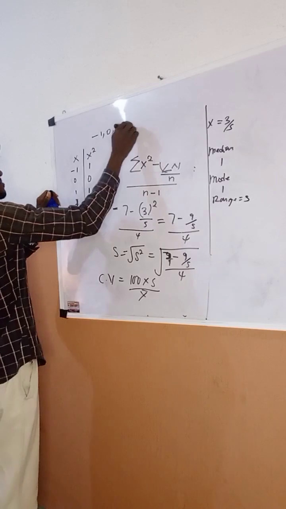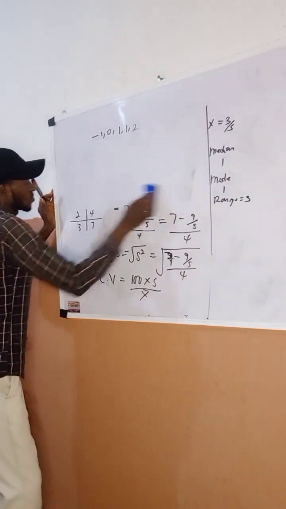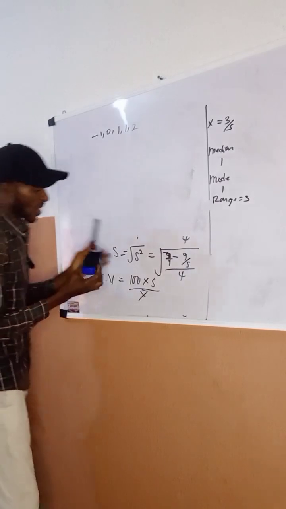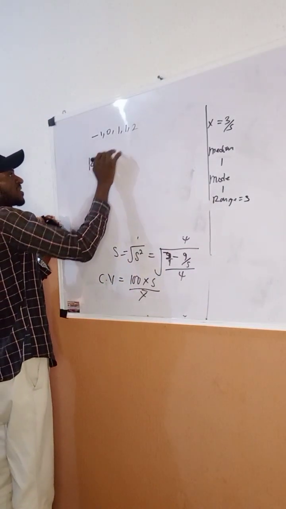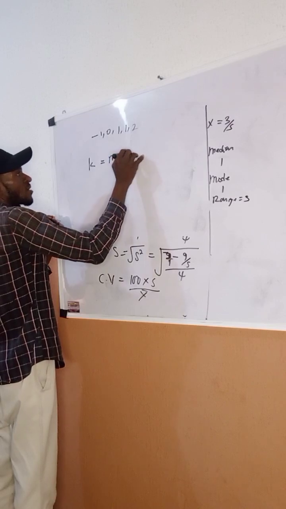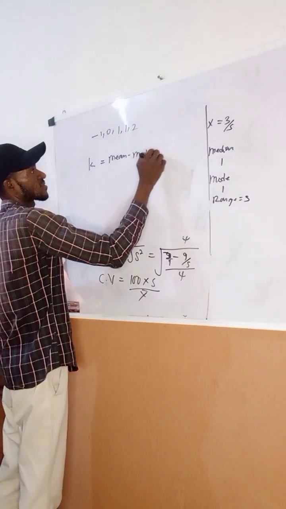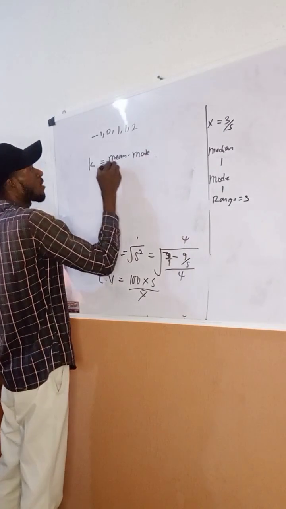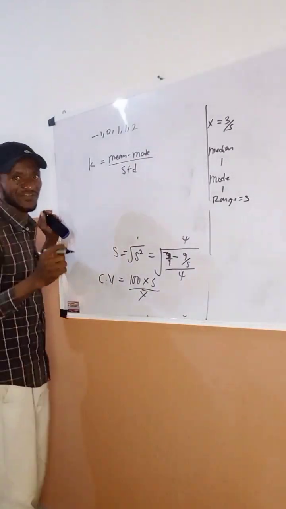This is 2, of course. So I have this. When we talk about the quotient of skewness, we said it is k equals mean minus mode all over STD, which is talking about standard deviation.